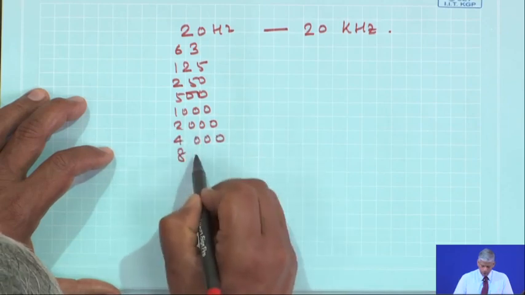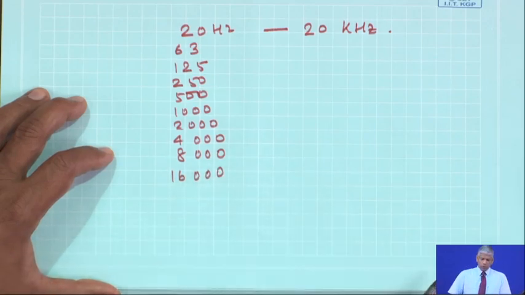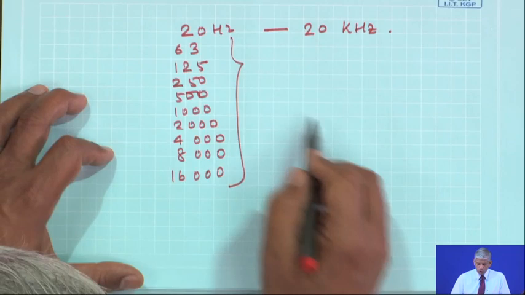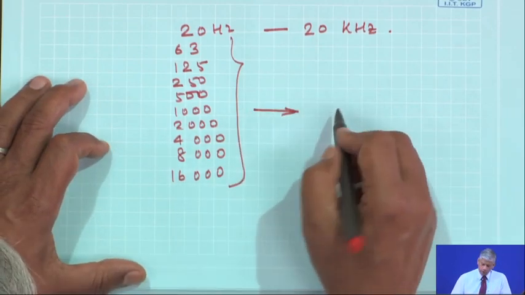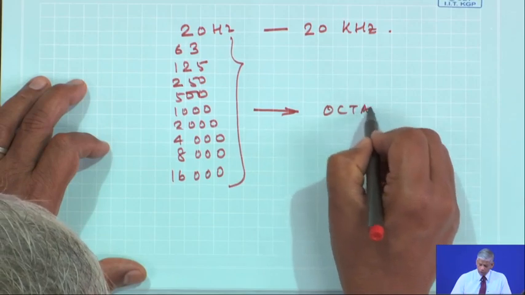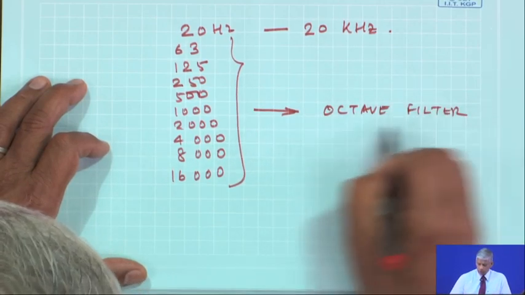So you see the entire audio band could be made out of such octave filter bands.